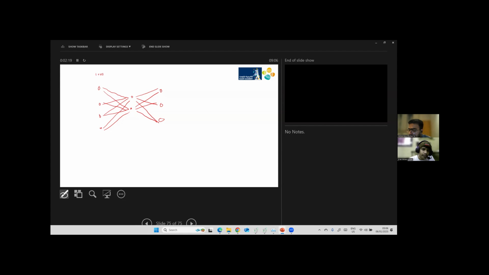Fan out would be how many neurons this neuron will go into. If it is going into a very large number of neurons, then these weights would be smaller according to my previous explanation, so then I can afford to have a higher value for these neurons.